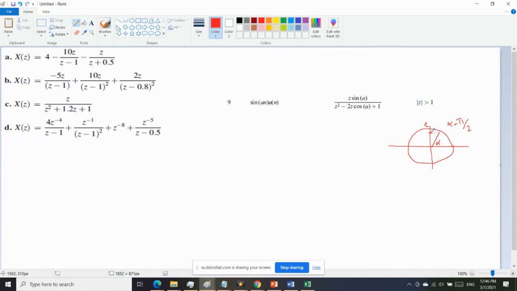So let the angle be pi over 2. If that's the case then the cosine equals what? Zero. I don't expect it to work. It doesn't apply, because if it becomes zero the z disappears, and we have a z here. So not this one.